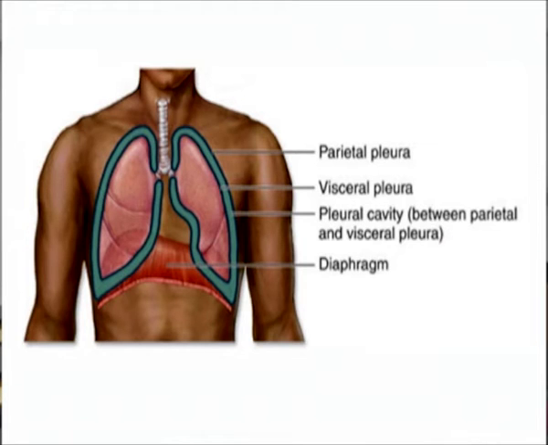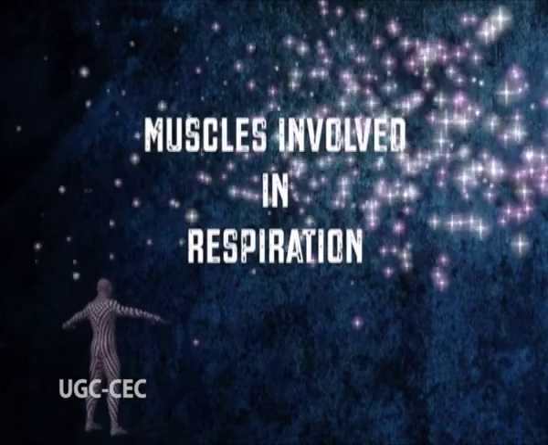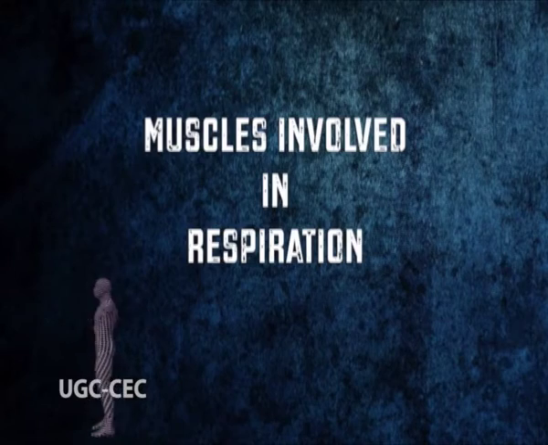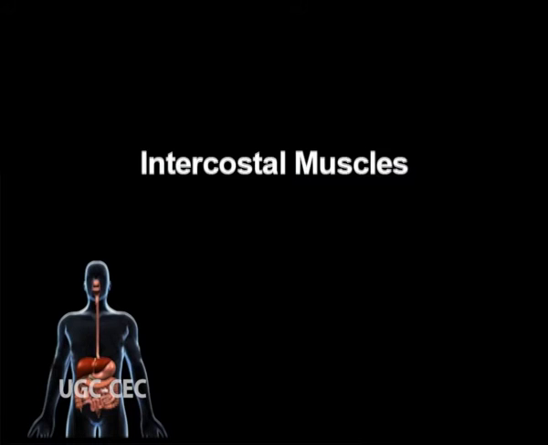The bottom of the thoracic cavity is formed by the diaphragm. The lungs are actively ventilated via a suction pump mechanism of inhalation and exhalation. There are many muscles involved in the process of respiration, namely intercostal muscles.